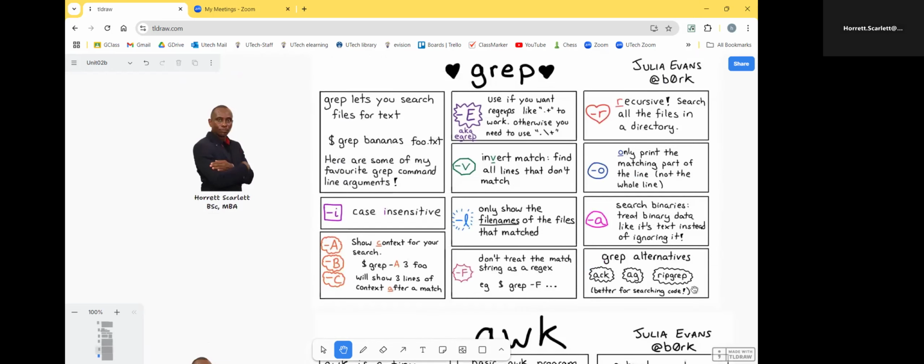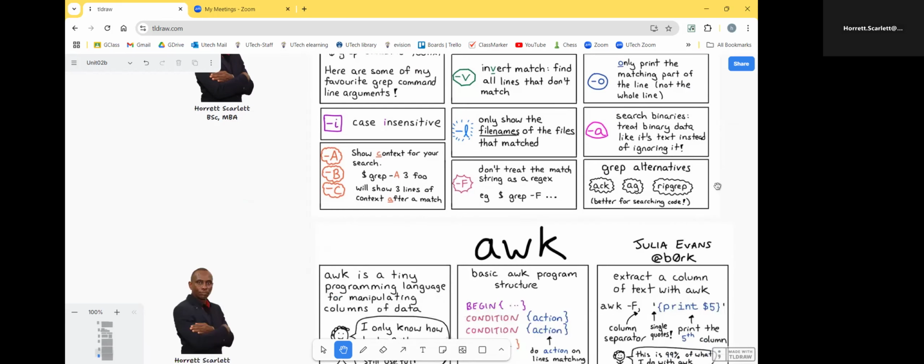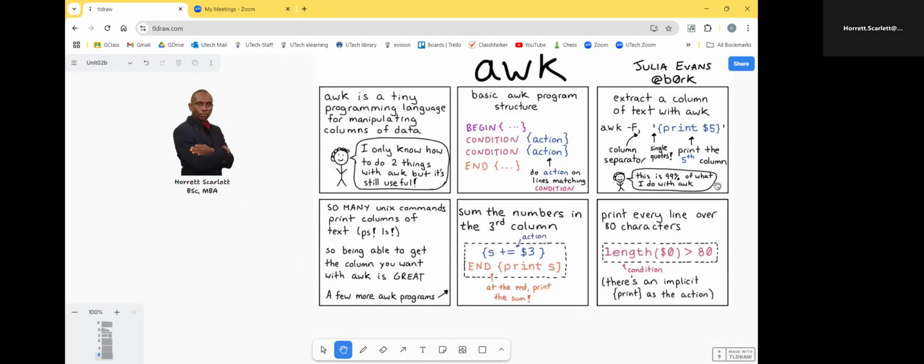We also have grep that allows us to search through a file by using pattern matching or pattern recognition. This is also something that you will be researching and experimenting with. And finally, we have the awk command.